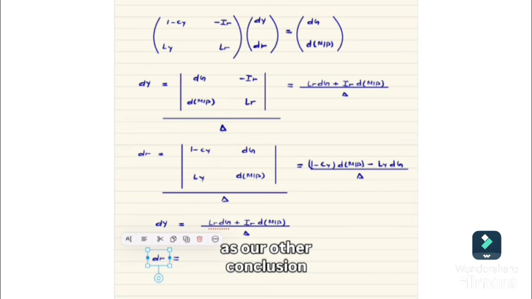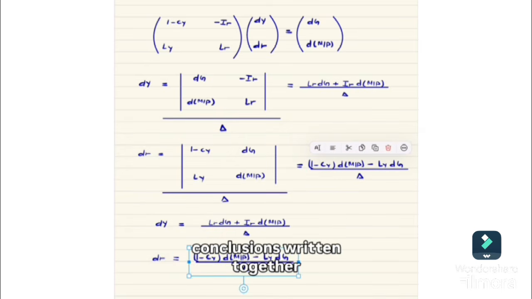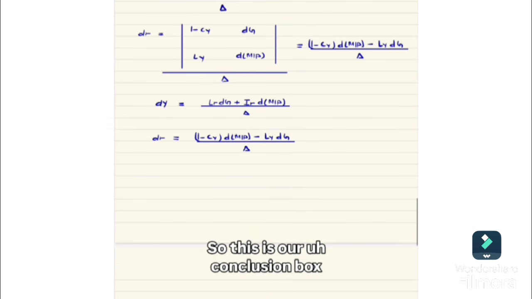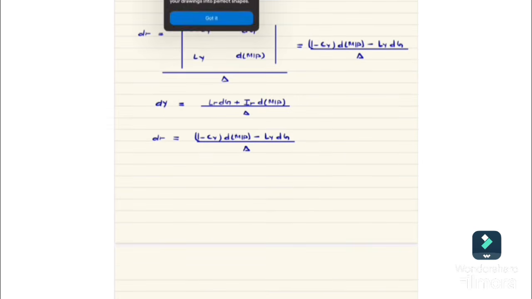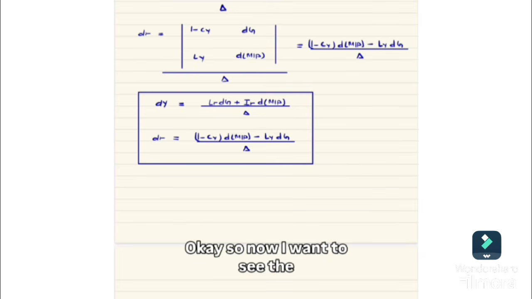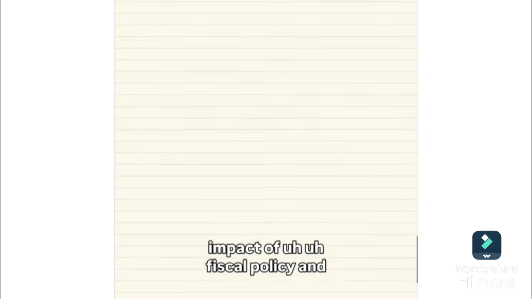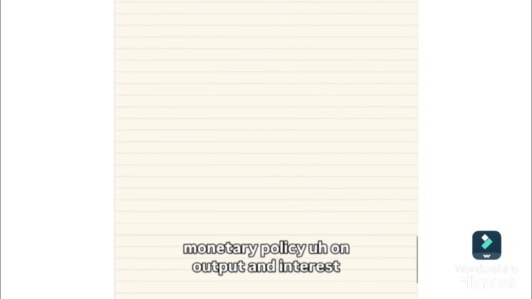So this is our conclusion box. Here it is. Okay, so now I want to see the impact of fiscal policy and monetary policy on output and interest rates. So let's just divide the page into halves so we can compare.